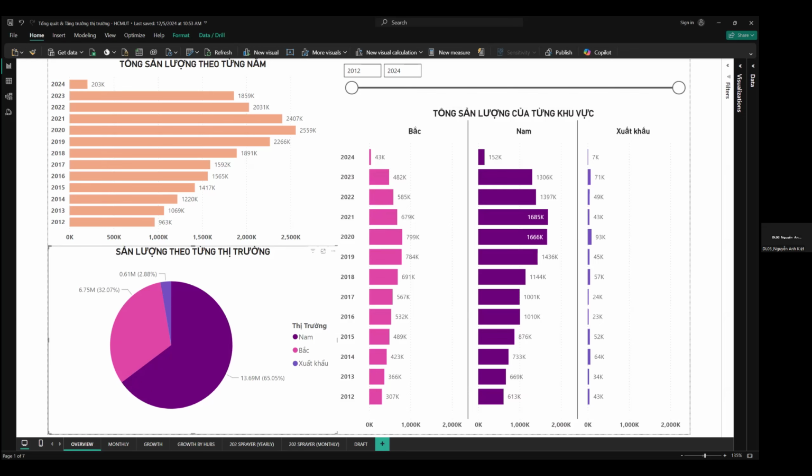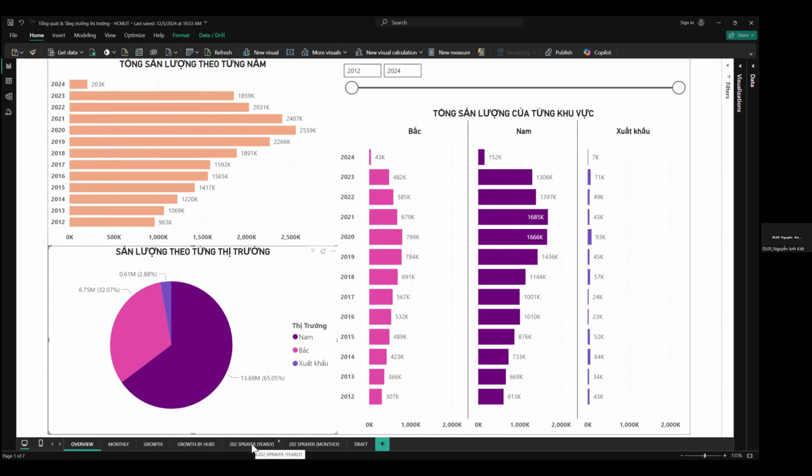The North is much smaller, just around 6.75 million, which accounts for 32.07%, and the export is around 0.61 million, which is 2.88%. The South dominates the sales volume, contributing more than half of the total, followed by the North, while exports represent a very small fraction of overall sales.